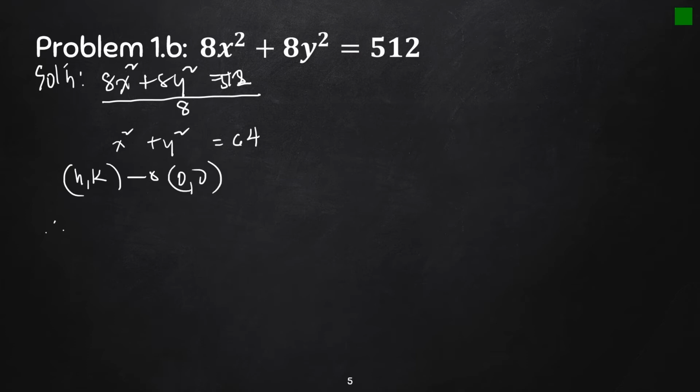Therefore, the center of our circle is at 0, 0, and the radius is 8. Because this is 64, and that's equal to r squared, and so r is equal to 8.